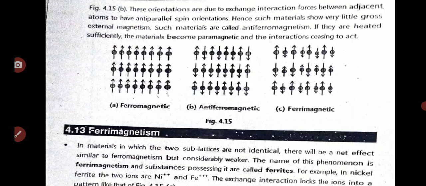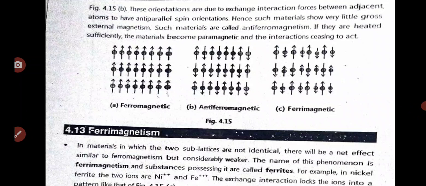If this material is heated sufficiently, that is, if we increase its temperature, it shows the property of a paramagnetic material. That type of material is considered the anti-ferromagnetic material.